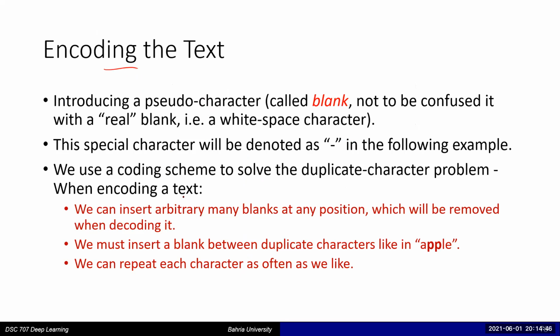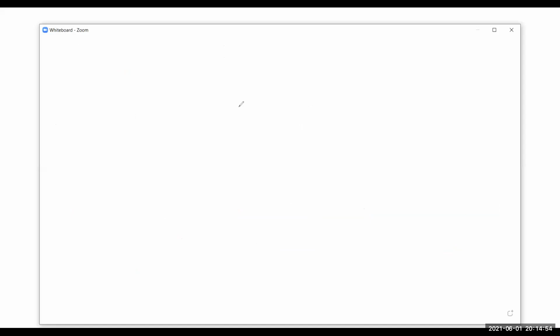These are the 3 rules which I highlighted here, that you can encode a word using. Let me just explain them on the board. The first rule is that you can insert as many blanks as you like at any position. For example, if I ask you there is a word go, encode it.